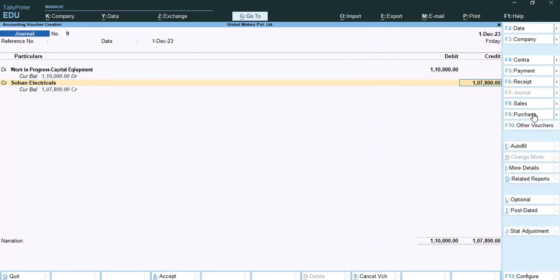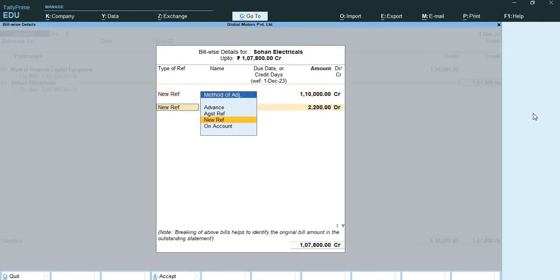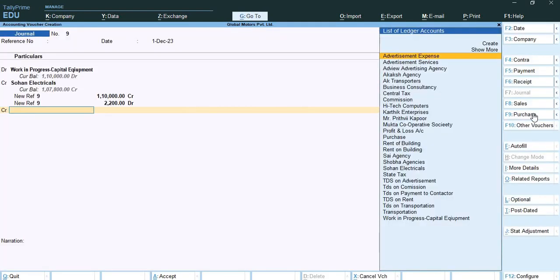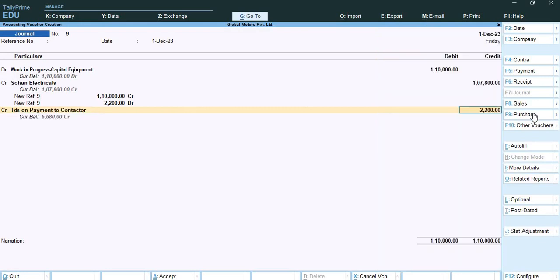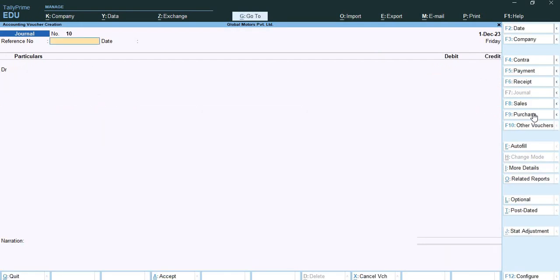So you can see that now my tax has been deducted, 2,200, and credit I'll create TDS on payment to contractor. So you can see that my tax has been deducted, 2,200, while booking the expense on fixed asset.